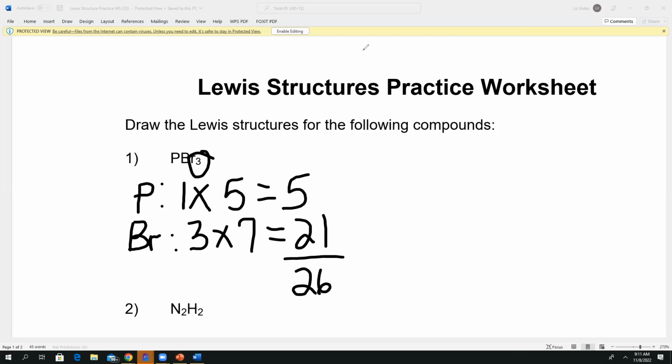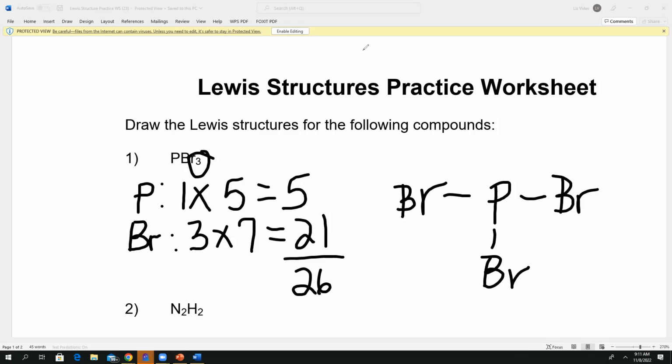All right, now of those, which one would be the central atom? Like I said, it's usually pretty obvious because you have less of them. In this case it is the phosphorus, and it is also the least electronegative. So then, well, I tend to do this backwards from her, but we do the bromines, right? And then we do the lines to it.